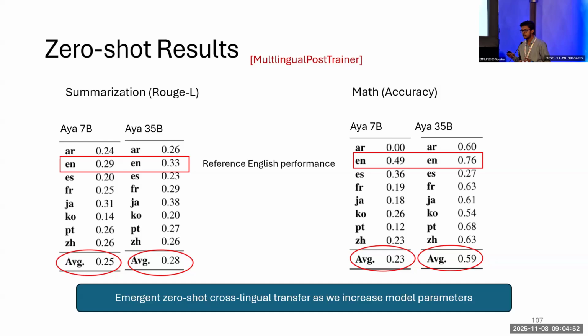And for non-English languages, even though they're not as good as English, it is still significant, given that the model has not seen non-English data. And as we compare across the model parameter sizes, we see emergent zero-shot cross-lingual transfer as we increase the model parameters.